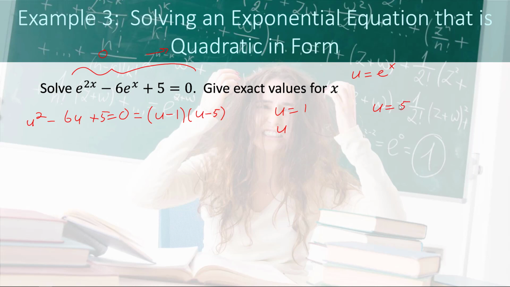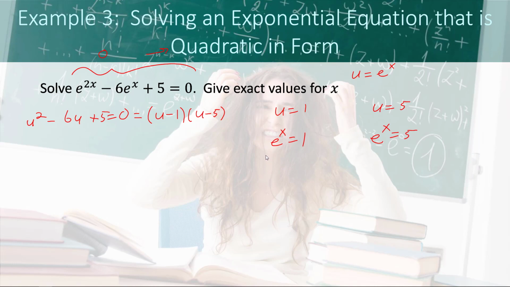Well, once you've done that, we now want to substitute e to the x for u. So here we will have e to the x is equal to 1, and here we'll have e to the x power is equal to 5. Now, what must x be for e to the x to be equal to 1?